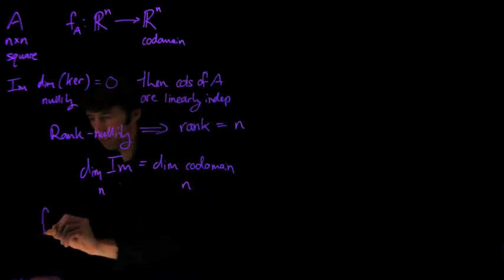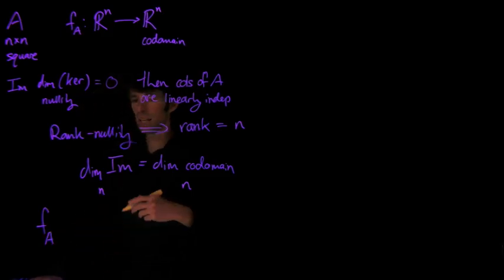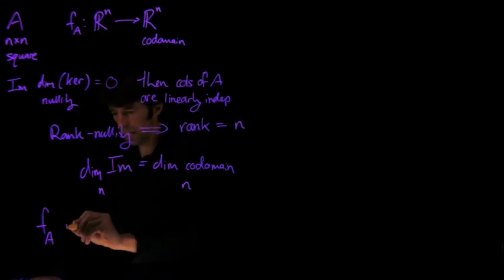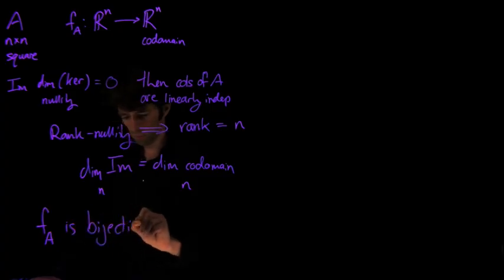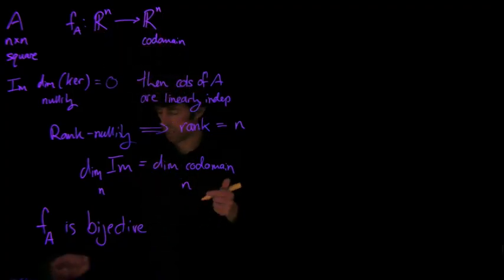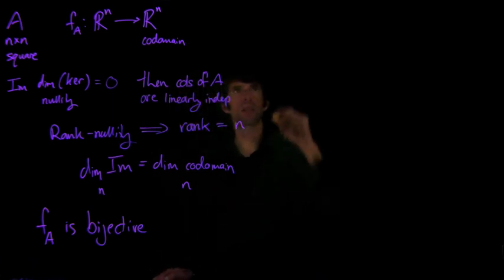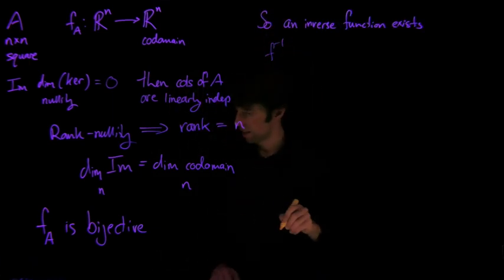So in this situation, f is what we call injective and surjective, or bijective. It's a one-to-one and onto mapping from Rn to Rn. So this is what we need for an inverse function to exist. So we can call this f inverse.